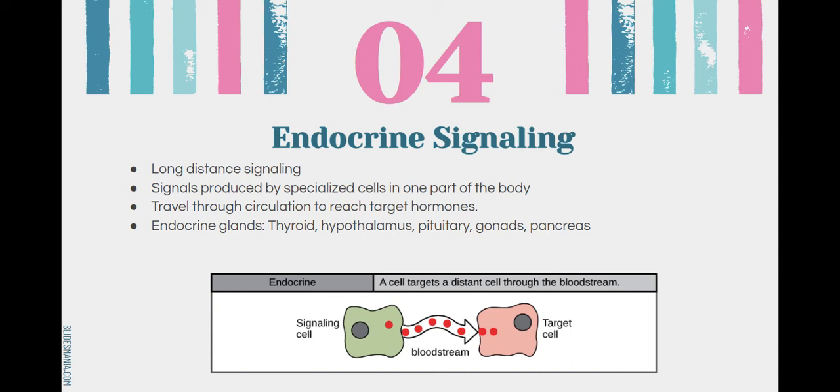There are many endocrine glands in the body, and those are the thyroid, hypothalamus, pituitary gland, gonads, and pancreas. All of these are really important in our cells and our bodies being able to do what they do. One example is the pituitary gland when it releases growth hormone. Growth hormone is really important during development, and throughout our life as we continue to grow and get bigger.